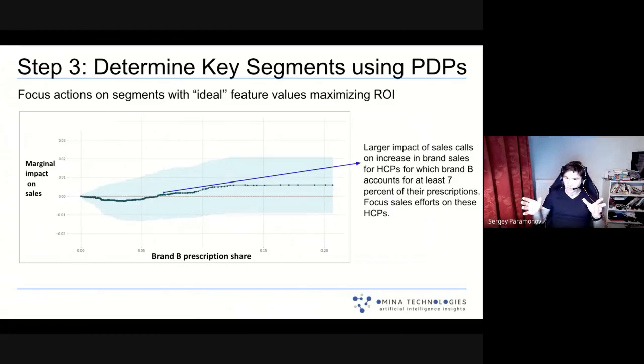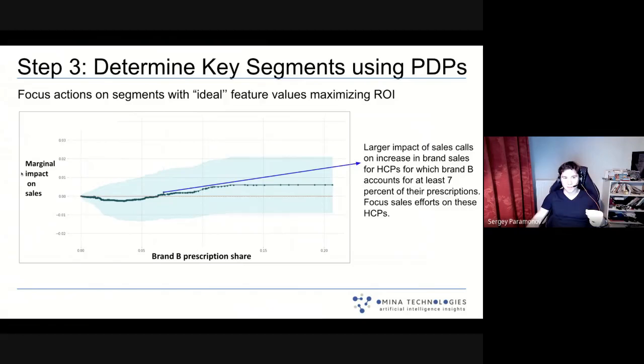Furthermore, we can use partial dependence plots as a technique to look into the hood of Random Forest, SVM, or XGBoost, to look at the dependency between the marginal impact of one particular feature across all values of this feature on the outcome, on the sales.